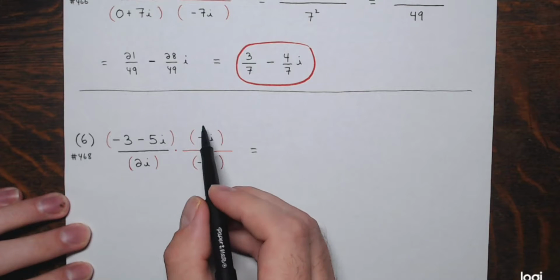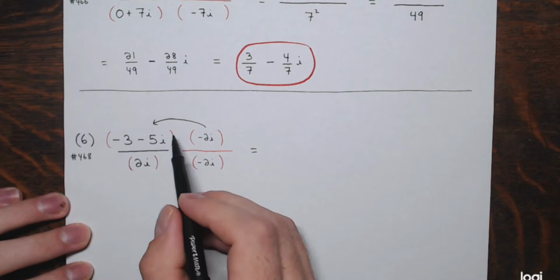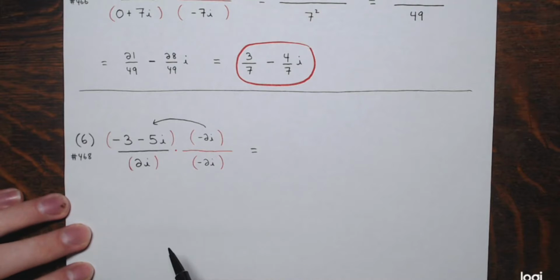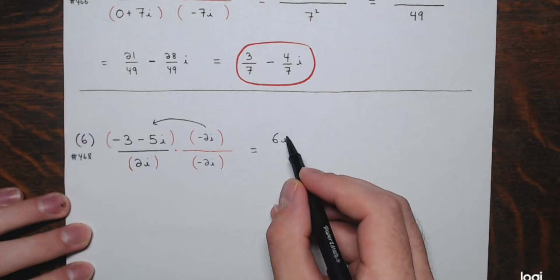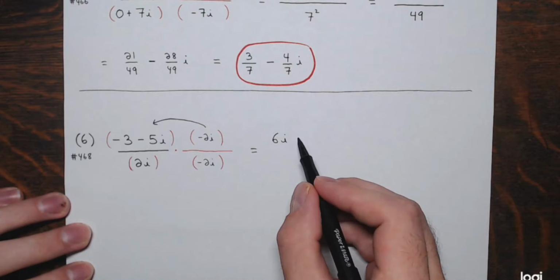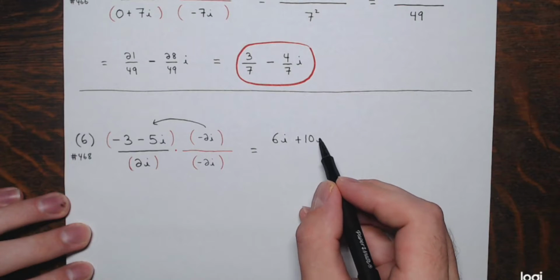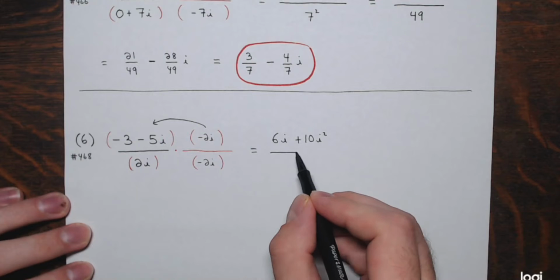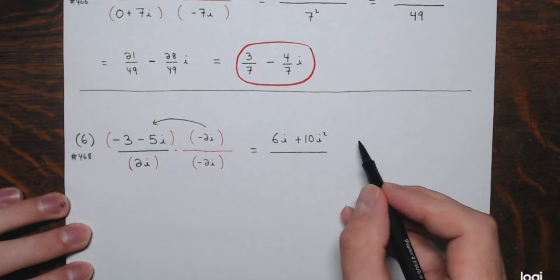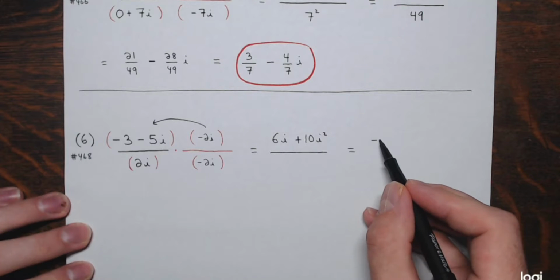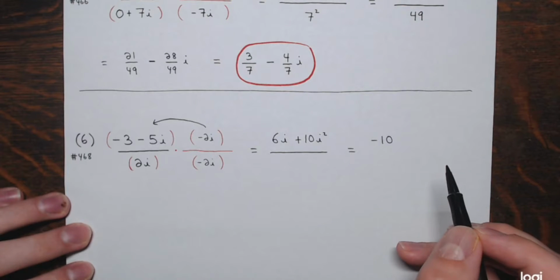All right, in the numerator, I'm distributing the negative 2i to this negative 3 minus 5i. That'll be 6i, and then plus 10i squared. But remember, i squared is negative 1. So this term is actually negative 10, and I'm going to put that first since it's the real number term.